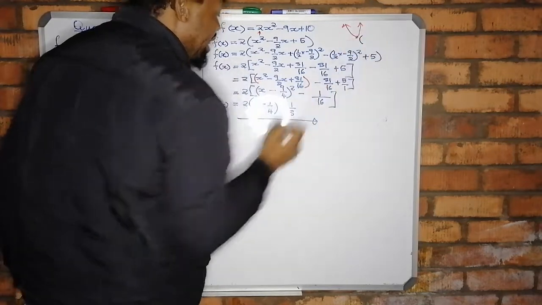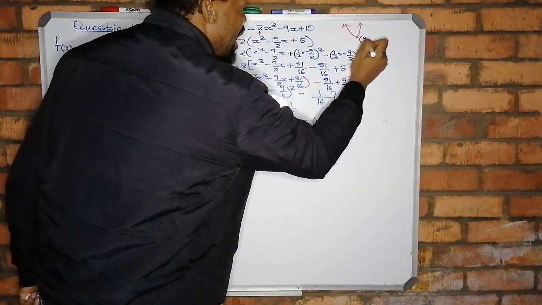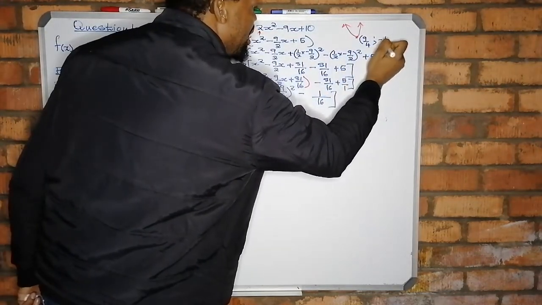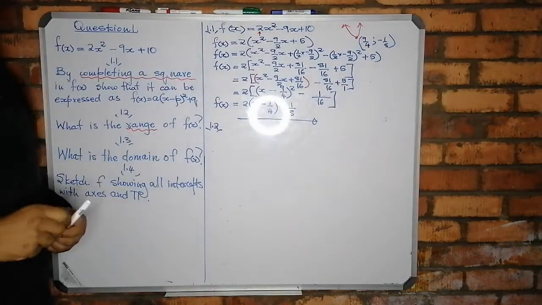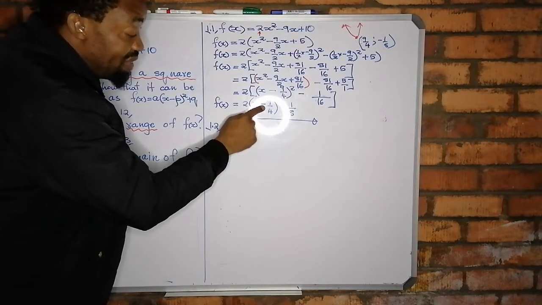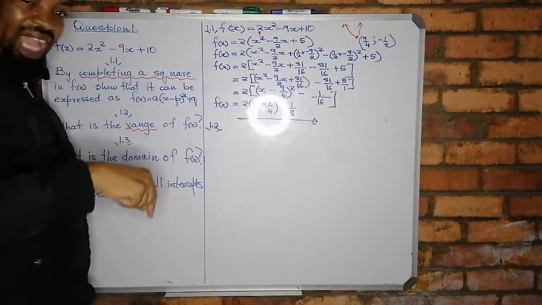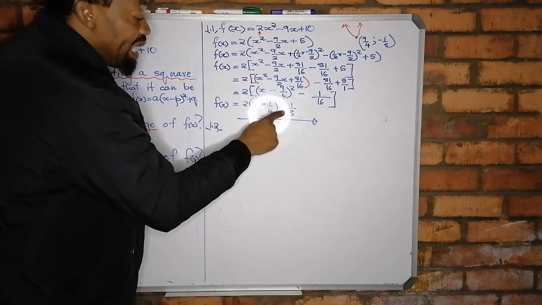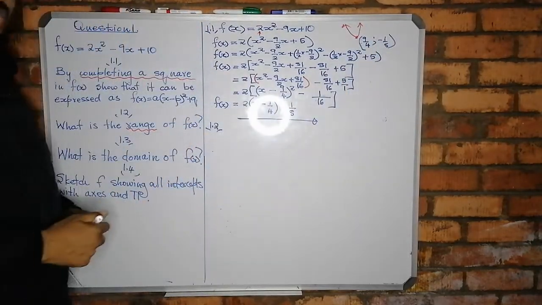I would say at this point, my x value is 9 divided by 4, and my y value would be minus 1 divided by 8. Can I remind you of something, my friends? When this is negative here, it becomes positive as the x value of the turning point. But this one takes its sign from here to there. Please keep that in mind.